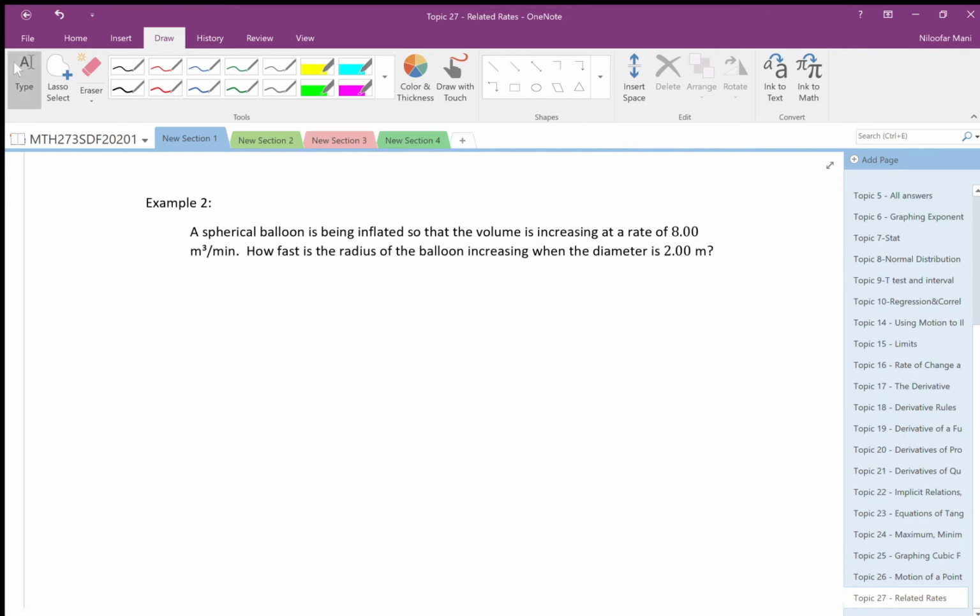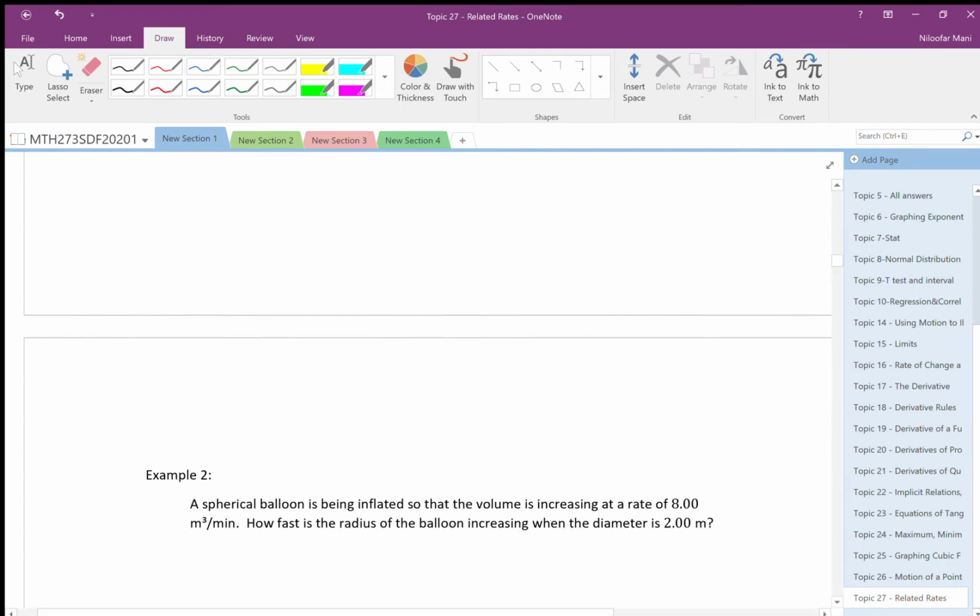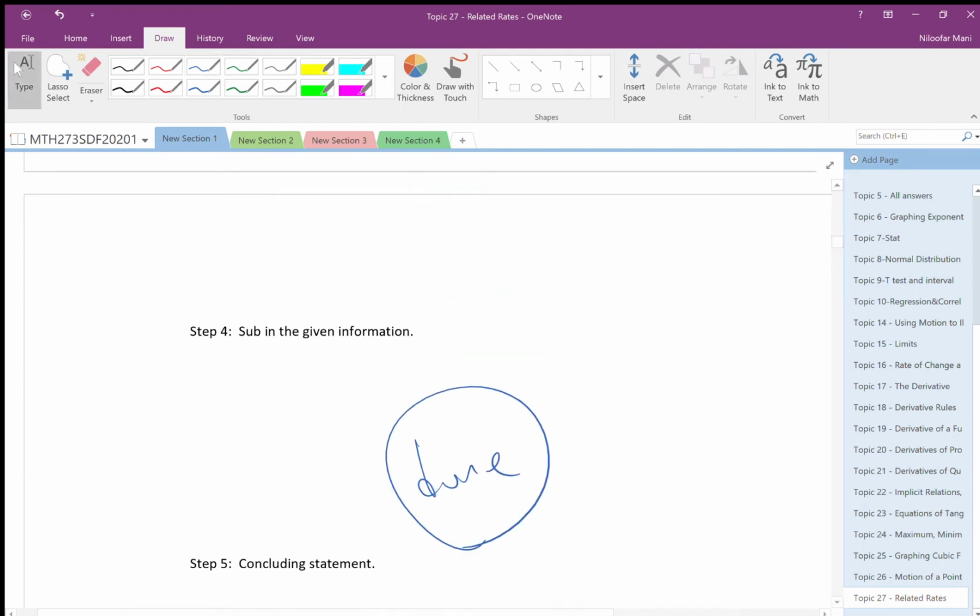So how about here? A spherical ball is being inflated. Here maybe it's like a balloon, right? Yes, it says balloon, and it's going to be bigger and bigger, so it's increasing. So what was the formula? The formula is here.